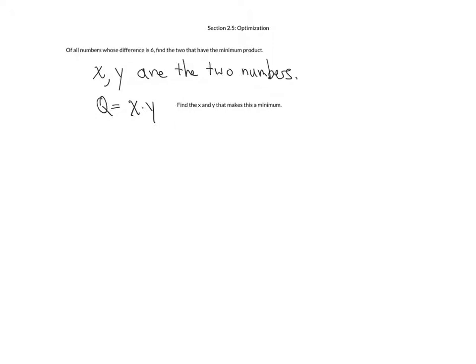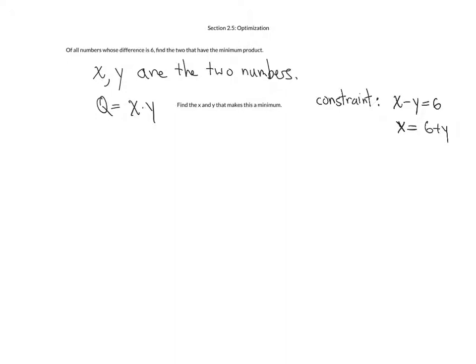So just like the previous problem, there are two variables, but we like to minimize functions of a single variable, and so we need a constraint. In this case, the other piece of information that we know is that the two numbers, their difference is 6, and so I can express that as a constraint x minus y equals 6. Well, that can be simplified to x equals 6 plus y.